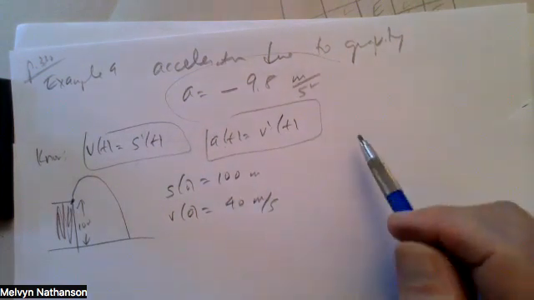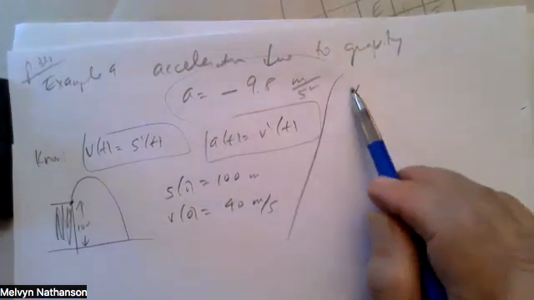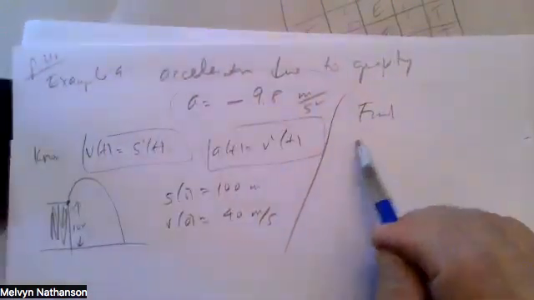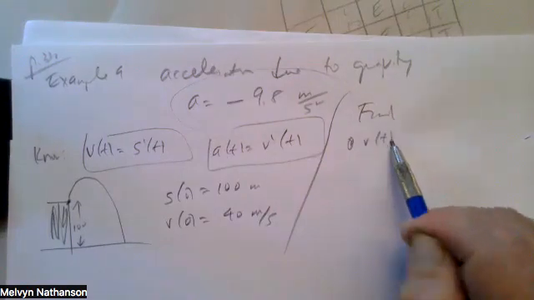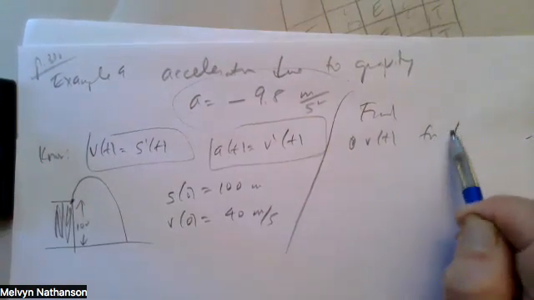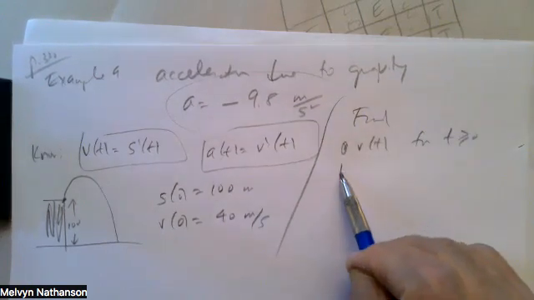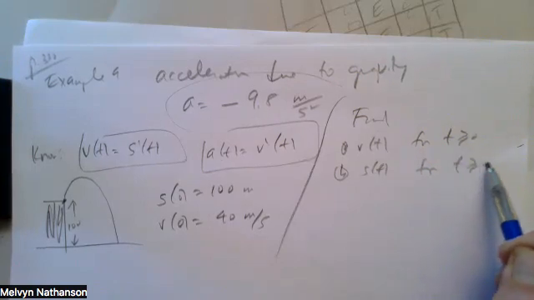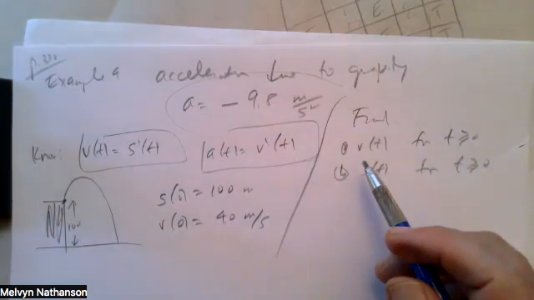And we want to find 4 things. Find, first of all, the velocity as a function of time. B, the position as a function of time, starting at time t equals 0.